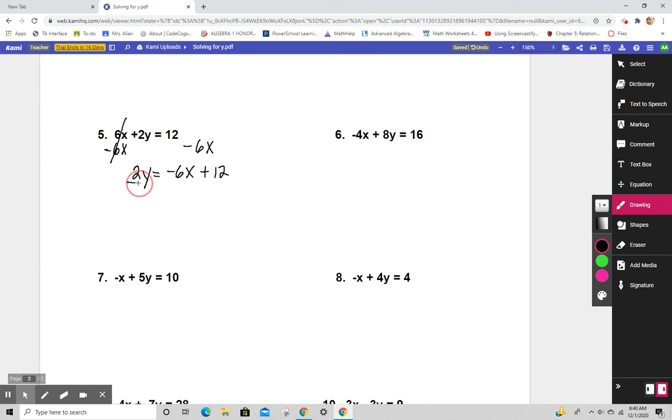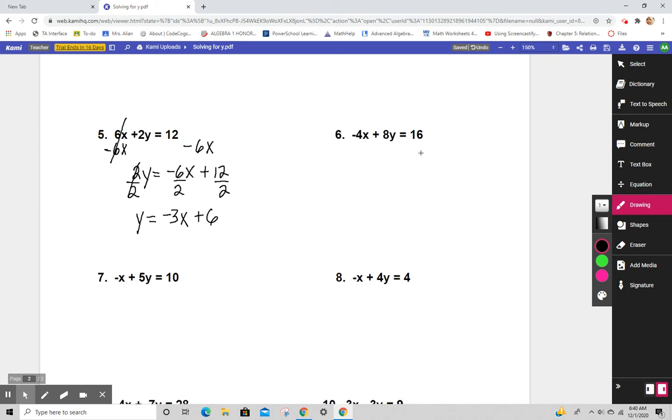All right, now we can divide through by 2 to solve it for y. So now you have y equals -6 divided by 2 is -3. So we'll have -3x here. And 12 divided by 2 is 6 plus 6.